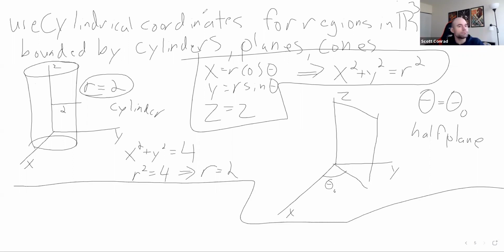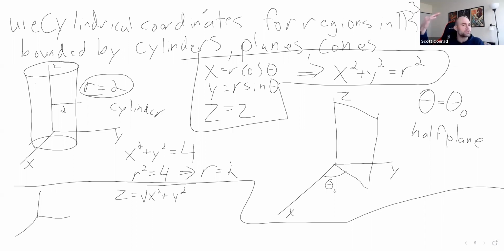And then let's look at half cones here. Suppose we have z equals square root x squared plus y squared.